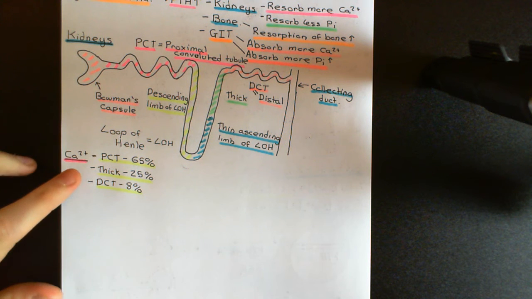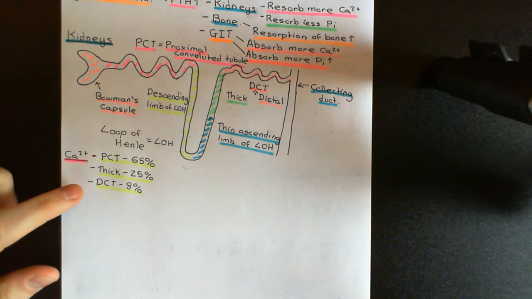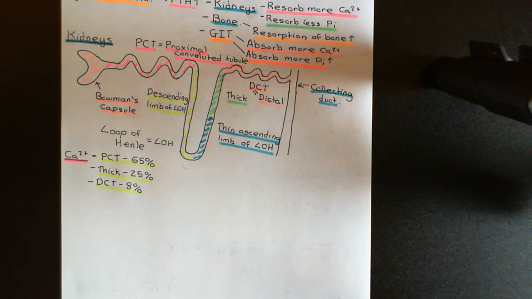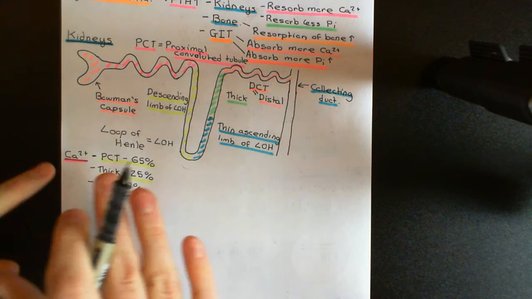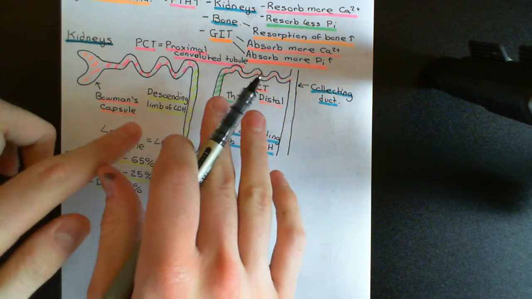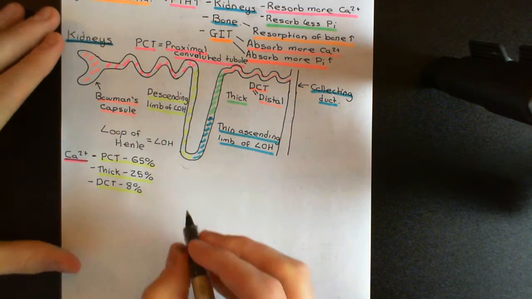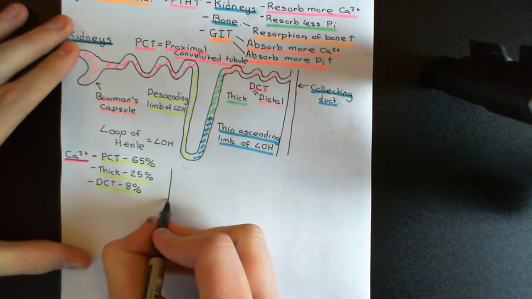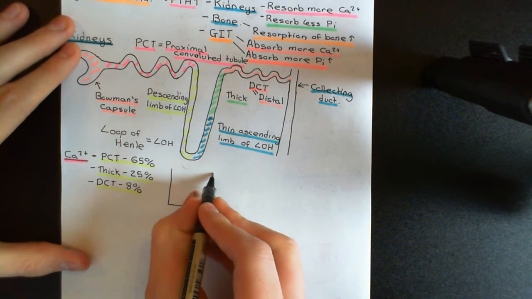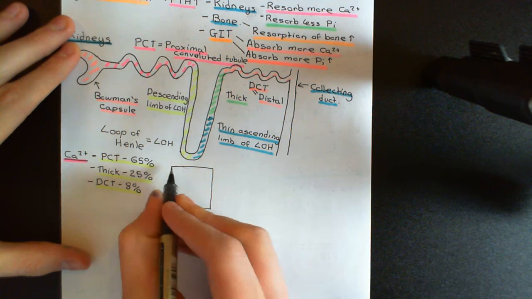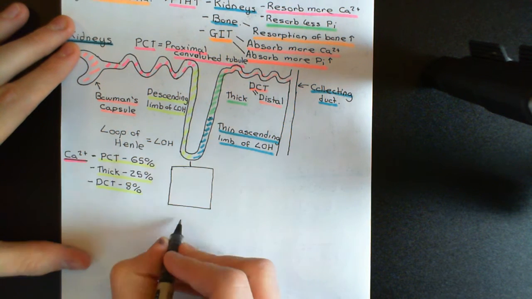So what I now want to talk about is the actual mechanisms by which calcium can be resorbed across the renal tubule cells in the proximal convoluted tubule, the thick ascending limb of the loop of Henle, and the distal convoluted tubule. So let me draw some renal tubule cells then. So let's say this is a renal tubule cell, and of course it will have neighbouring renal tubule cells.